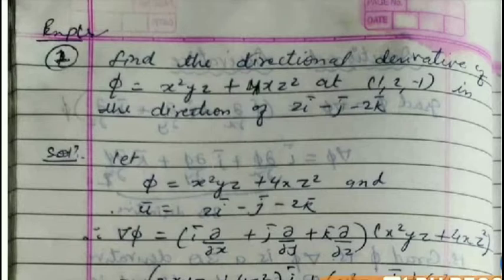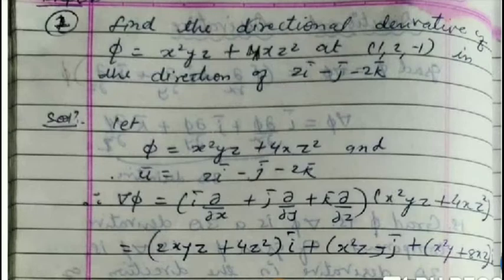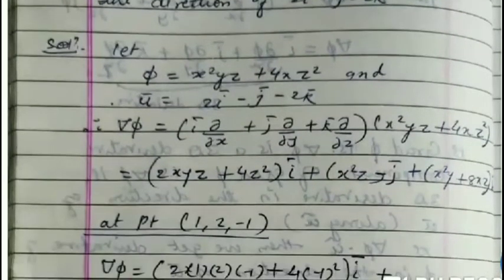Here we are given phi and vector u. Now we calculate del phi and then the unit vector u cap, and after that take the dot product of del phi and u cap. This is the procedure to find the directional derivative.